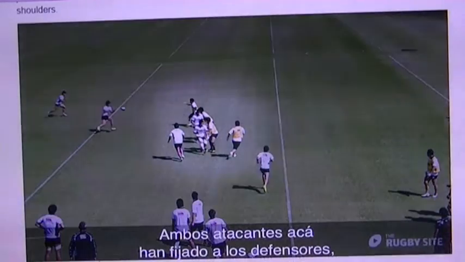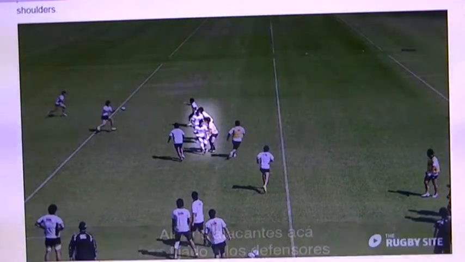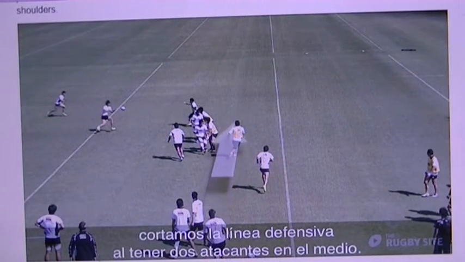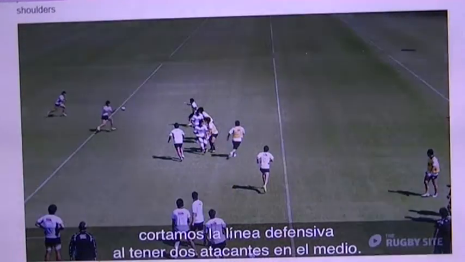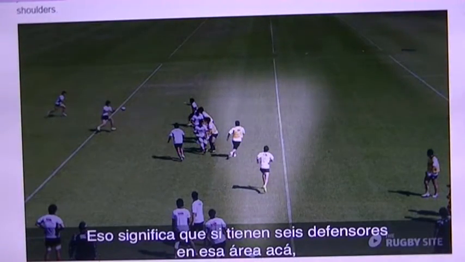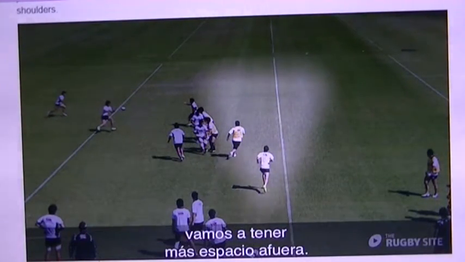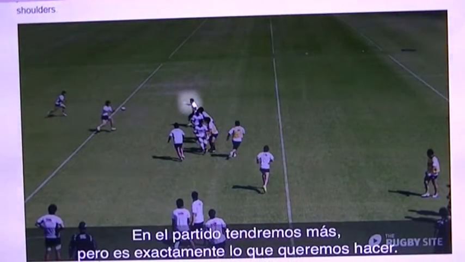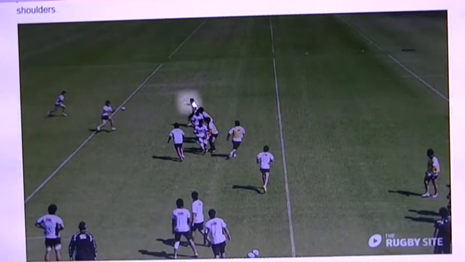Both of the runners here have committed their defenders, so they can't drift. So therefore now, if there's a ruck there, we've cut out that whole defensive line by having two runners there, which then means that in this area here, if they've got 6 defenders, there's going to be more space on the outside. In this drill, we've only obviously got 1 defender. In the game, there'll be more defenders. But that's exactly what we're trying to do.